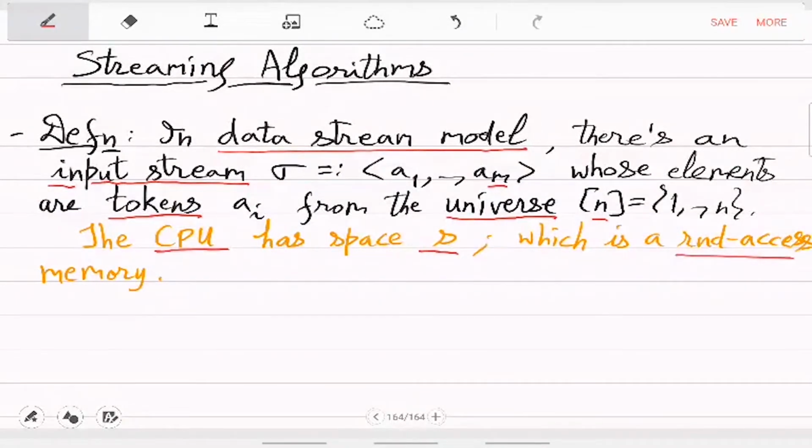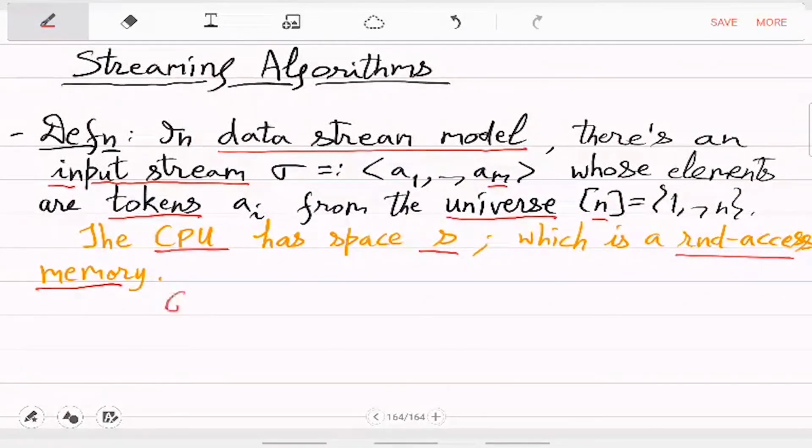The memory is limited by S, it will be much smaller than n and m, in fact exponentially smaller, and it is random access. So it can decide to randomly pick within the chunk of the data stream and also do randomized computations.